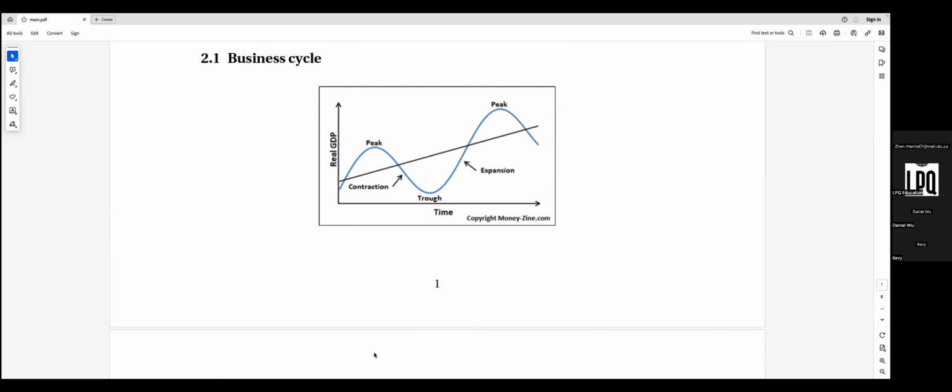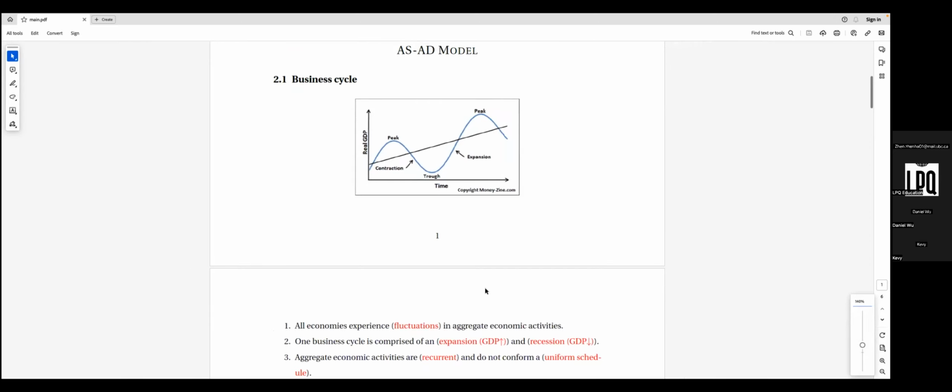How long a business cycle is really depends on the real data we collected from the real economic system. So this is the business cycle, the real thing, what we find based on the real data we collected.